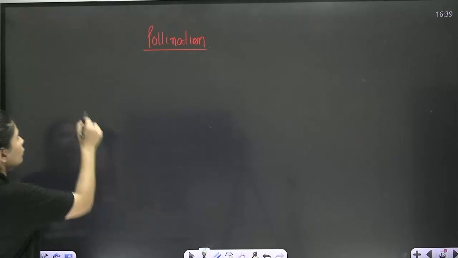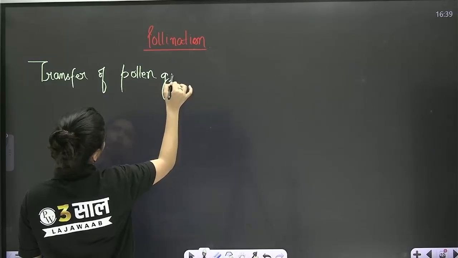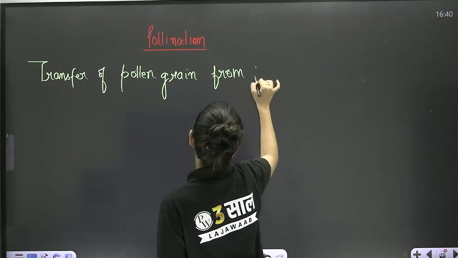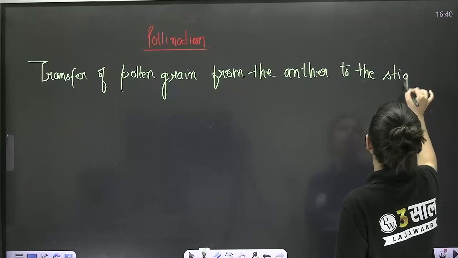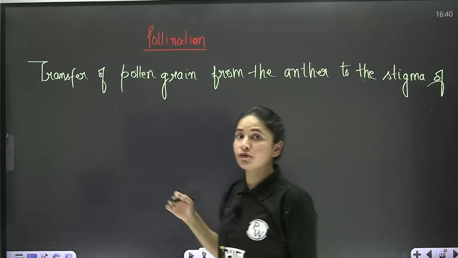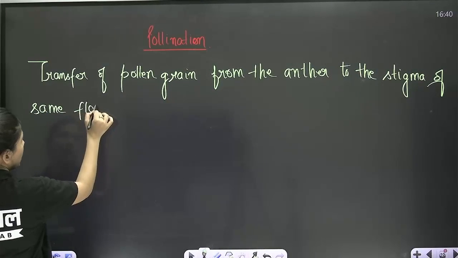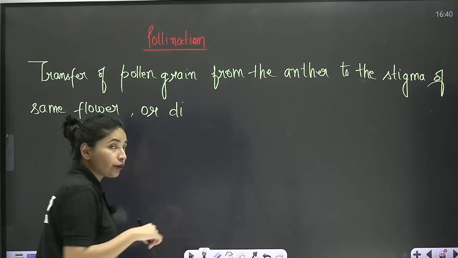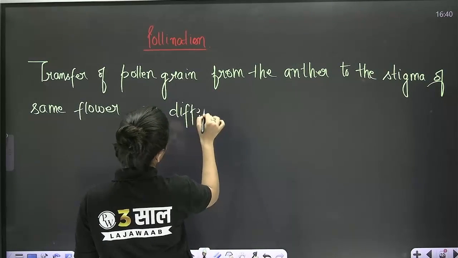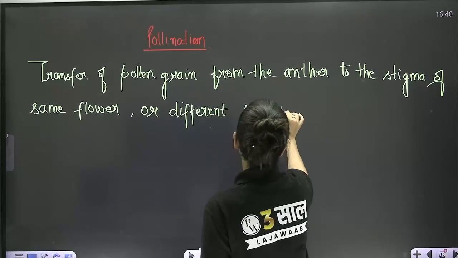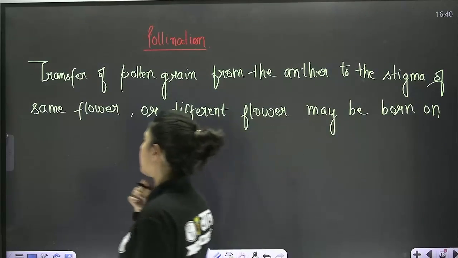It is the transfer of pollen grain from the anther to the stigma of either the same flower or a different flower, maybe born on the same plant body or born on two different plant bodies.